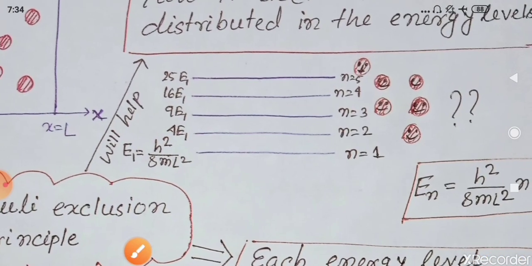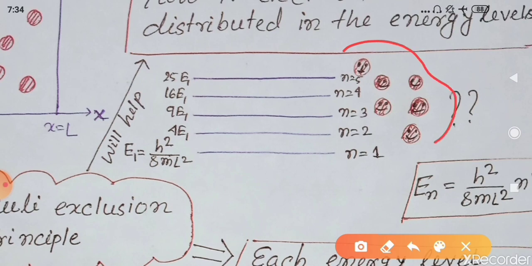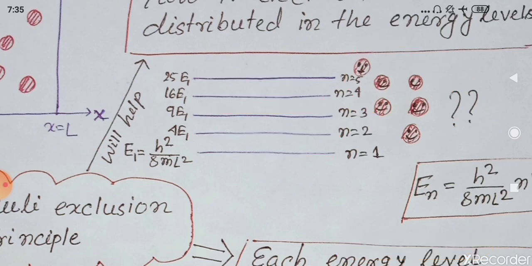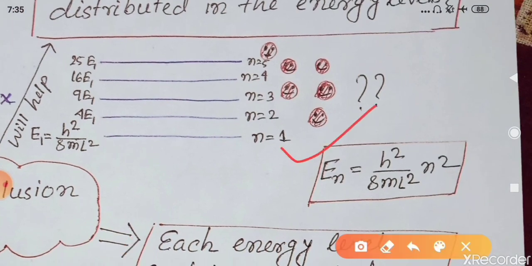Now our task is how this n number of electrons can occupy different energy levels, or how they can be distributed in different energy levels, because we have the energy expression En is equal to h square by 8m L square times n square.